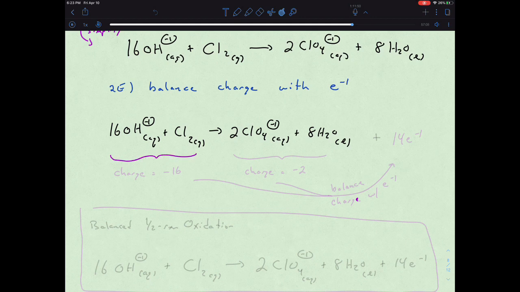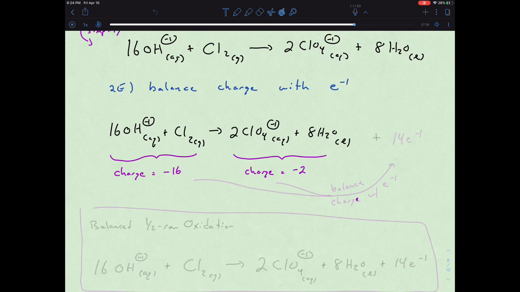We have a total of minus 16 for our charge on the starting material side. Right, the chlorines are neutral, and then we have 16 of those hydroxides that are each individually minus 1. And then if we go to the product side, we would have a total charge equal to minus 2.